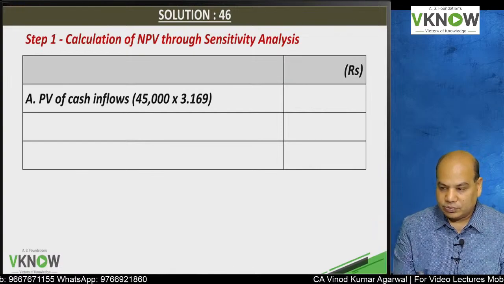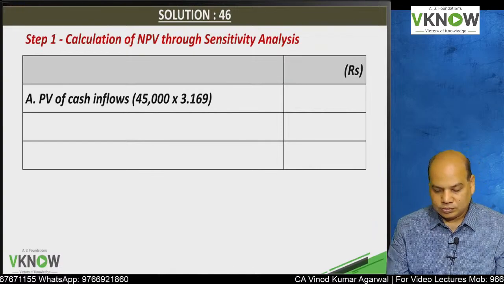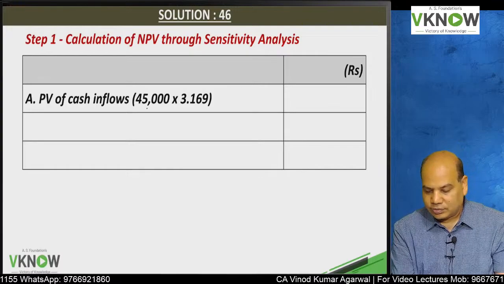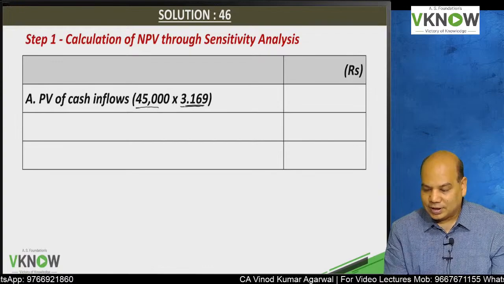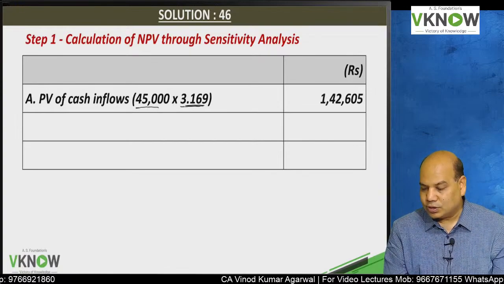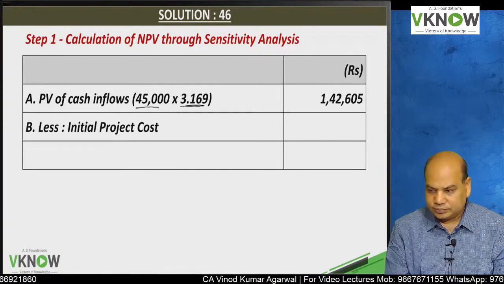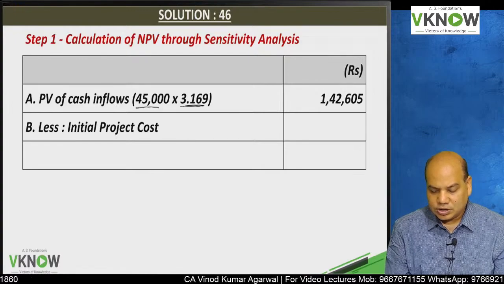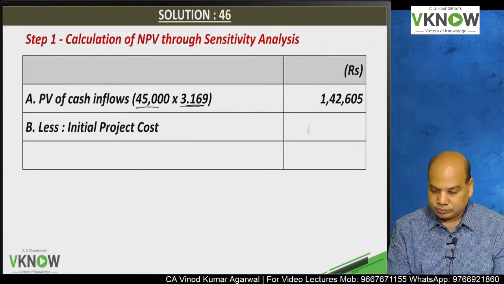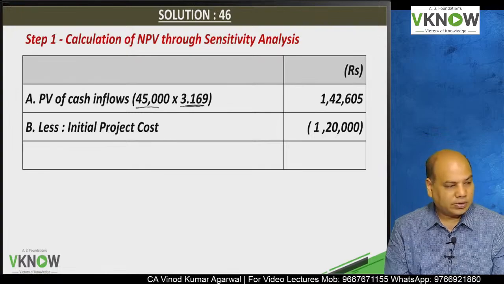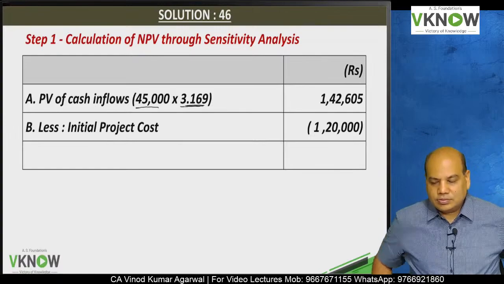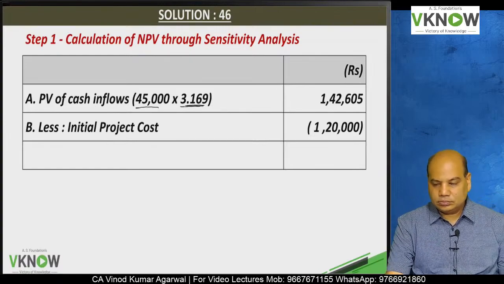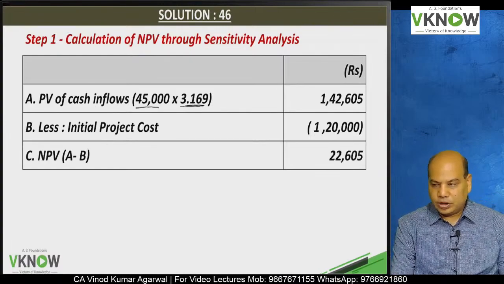First point A, PV of cash inflow 45,000, factor given in the problem 3.169, so that comes to 142,605. Point B, less initial project cost 1,20,000.